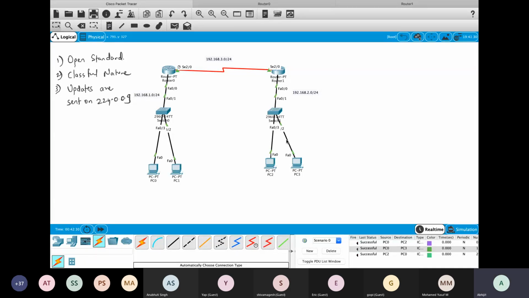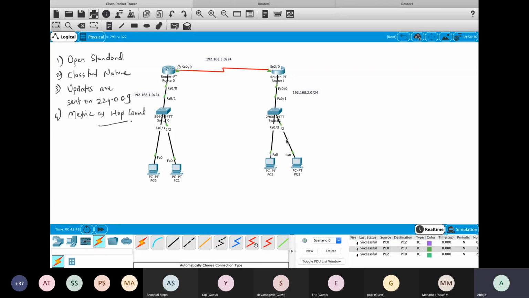Then, if we talk about the fourth characteristic, you can see that it uses hop count as its metric. Now, understand this term very well.